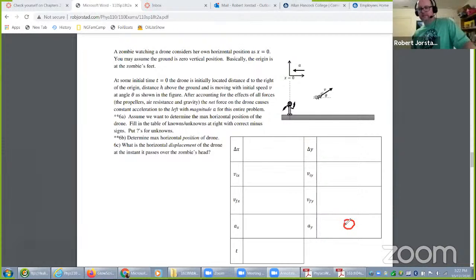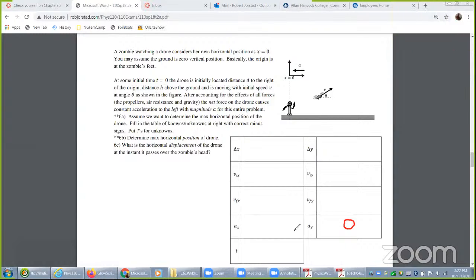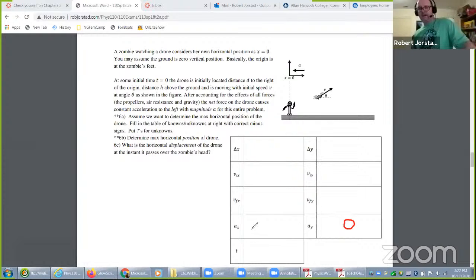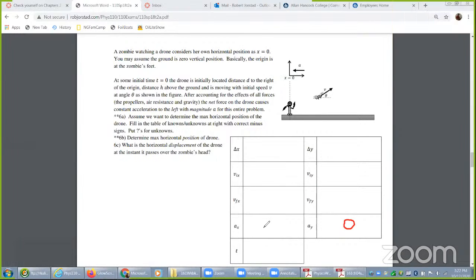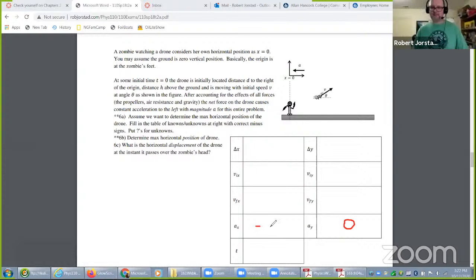Okay. Esteban, do you agree with that? You were the one asking about acceleration. Yes. So what's a_x, Esteban? It is negative a. Nice. So the size of it is a, but the direction is opposite the arrow in the system.